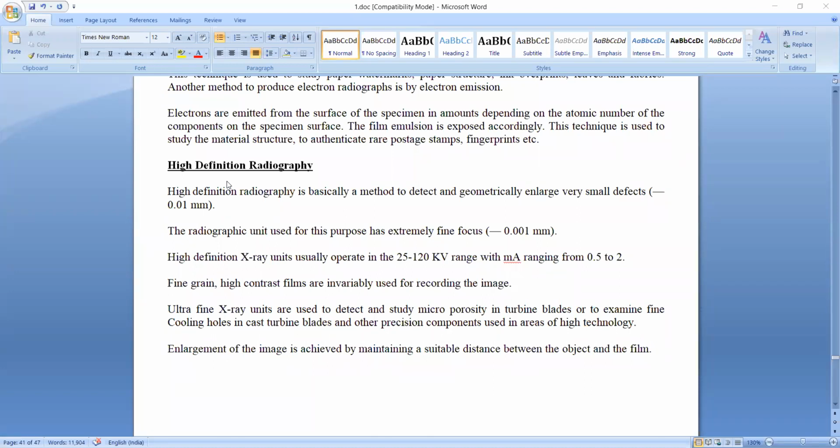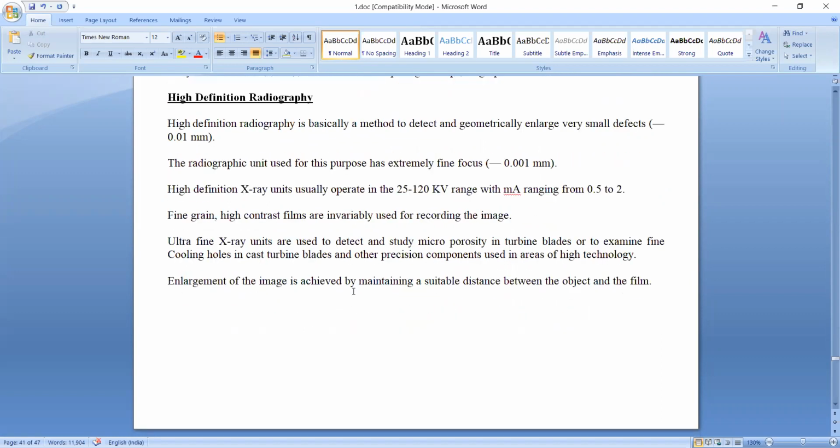The range of nearly 25 to 120 kV is required, and a milliampere range of 0.5 to 2 is required for high definition X-ray radiography. And one more thing here, we need high contrast films for better capturing of the images. Ultra fine X-ray units and high contrast films are used in this radiography.